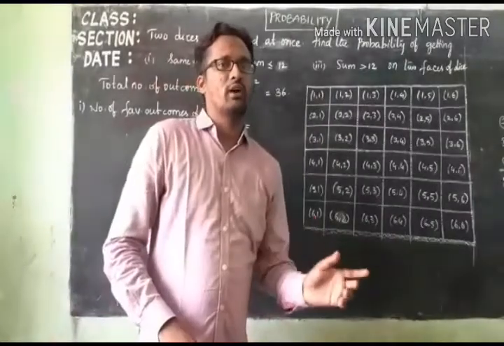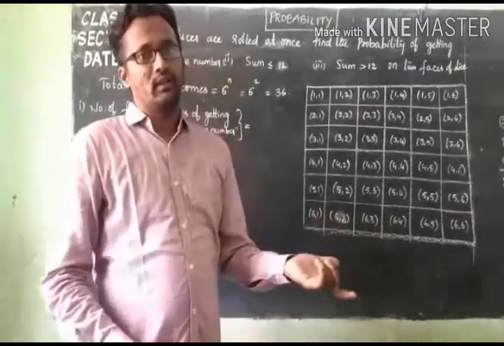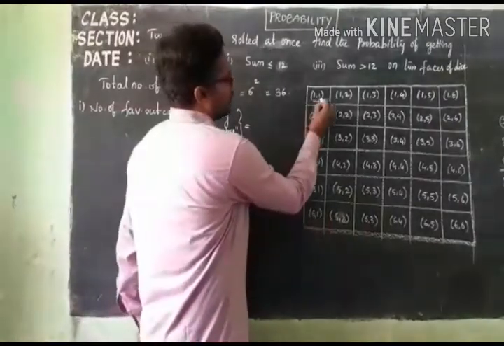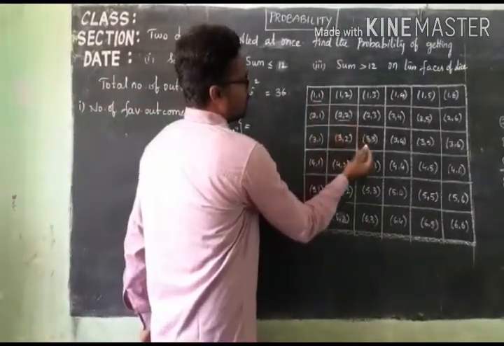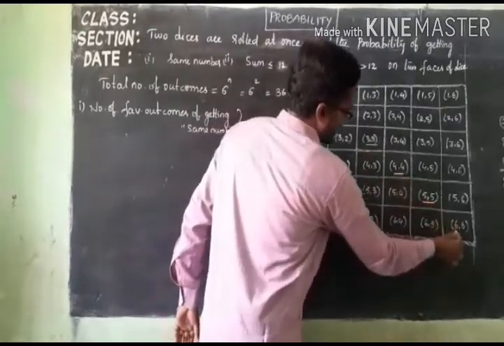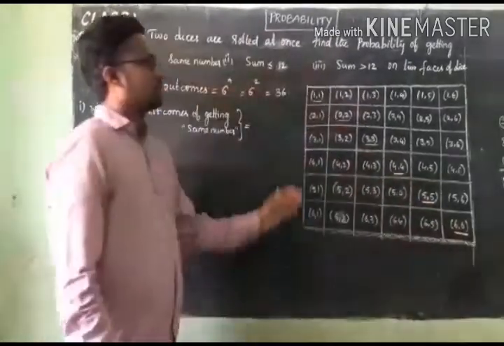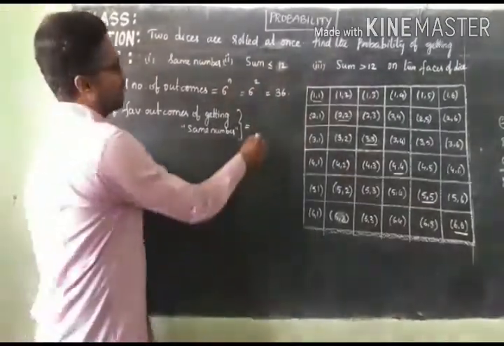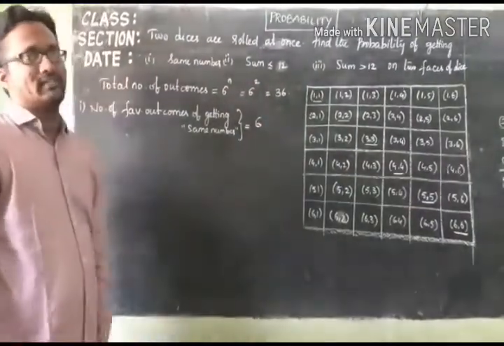Suppose first dice 1, second die also 1. Like that, for the same number, how many outcomes are there? Let us see here. 1, 1, 2, 2, 3, 3, 4, 4, 5, 5, 6, 6. So totally you have 6 outcomes of getting the same number on the 2 dice.